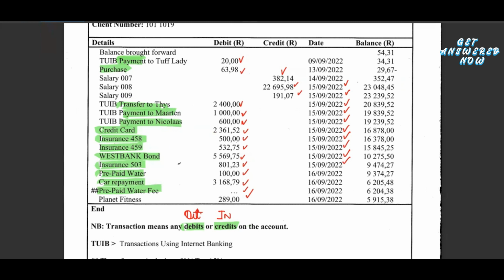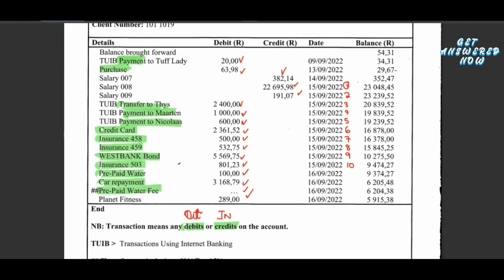We count the transactions: 1, 2, 3, 4, 5, 6, 7, 8, 9, 10.